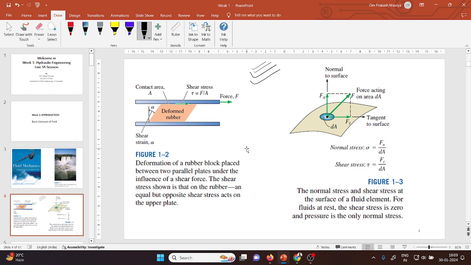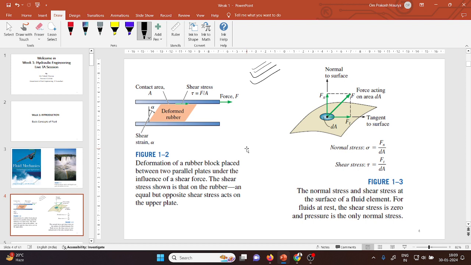You have to put in the variable things and get the other unknown things. So we need to formulate any physical phenomenon in terms of mathematics. In fluid mechanics, we do the entire subject by formulating physical phenomena in terms of mathematics.